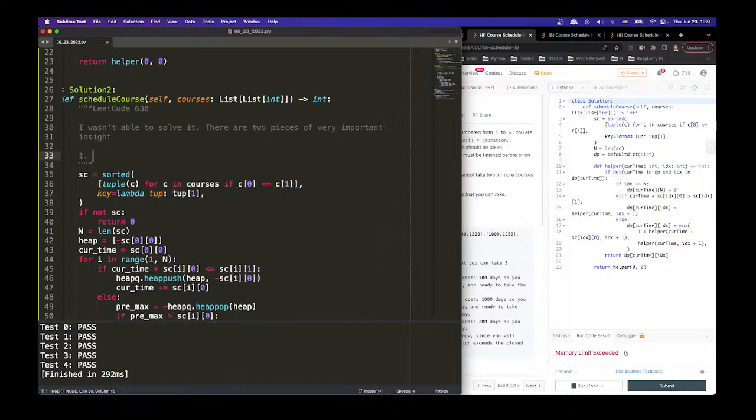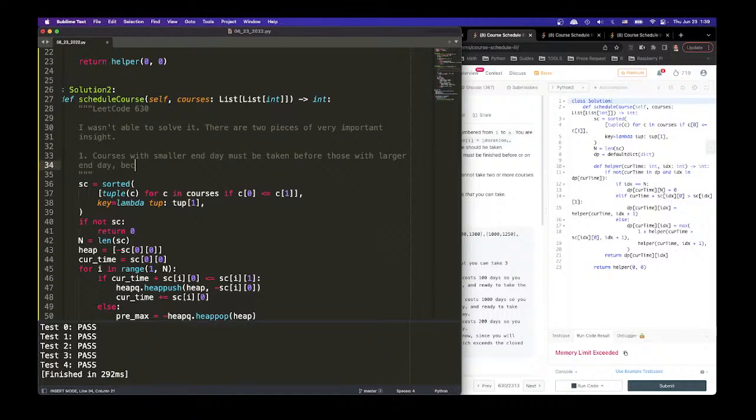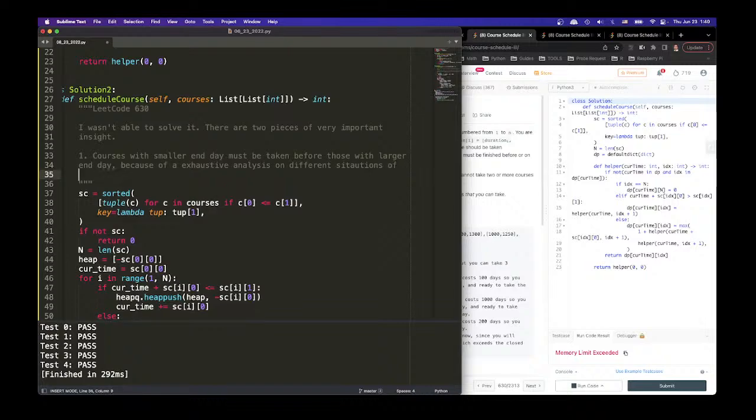One, courses with smaller end date must be taken over those with larger end date, because of exhaustive analysis on different situations of two courses.